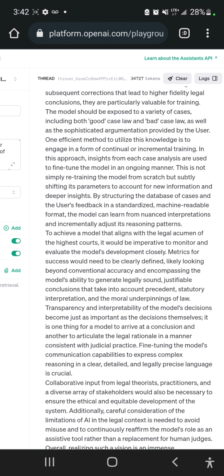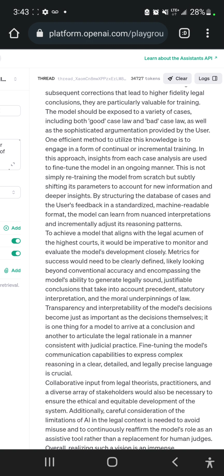To achieve a model that aligns with the legal acumen of the highest courts, it would be imperative to monitor and evaluate the model's development closely. Metrics for success would need to be clearly defined, likely looking beyond conventional accuracy and encompassing the model's ability to generate legally sound, justifiable conclusions that take into account precedent, statutory interpretation, and the moral underpinnings of law.